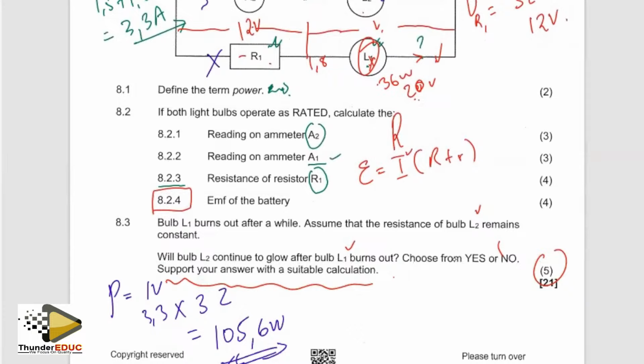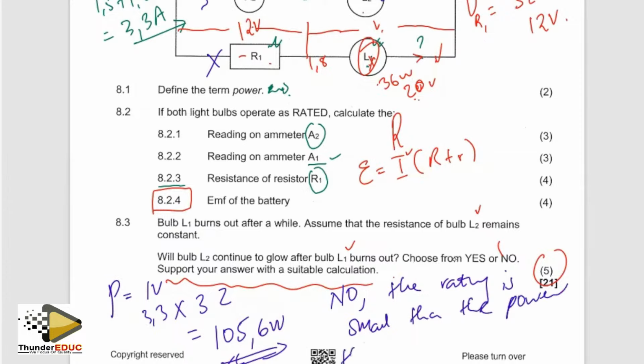Honestly, the answer is going to be a no. The reason is that the rating is smaller than the power that will be generated. We don't need paragraphs of explanation, so it's a no. We can have our calculations here: power, we have 105 and that.